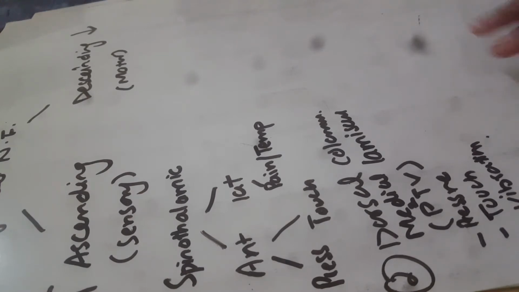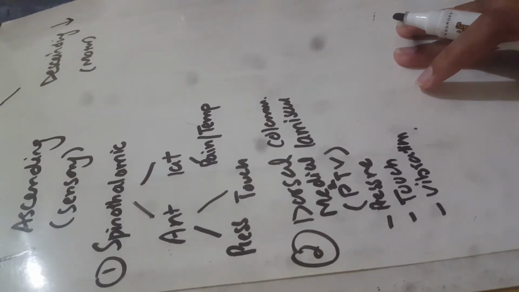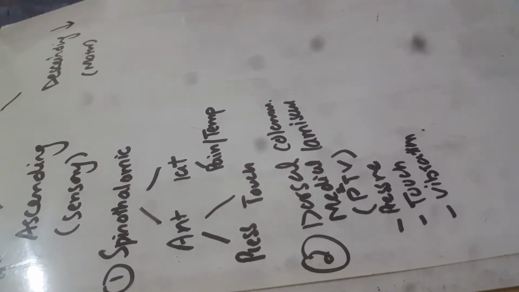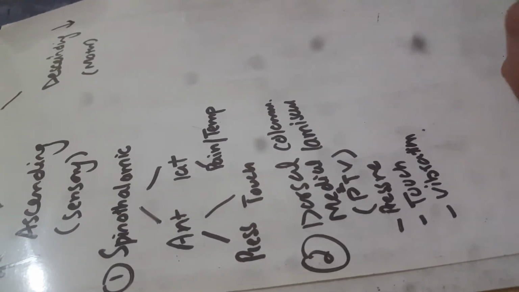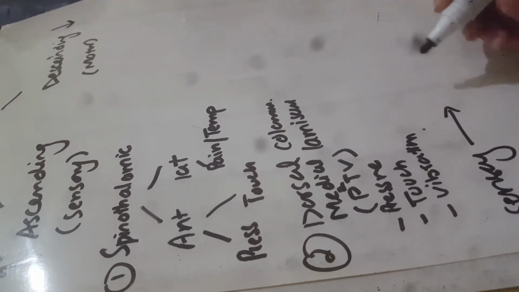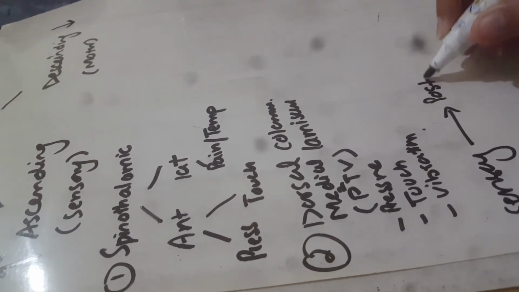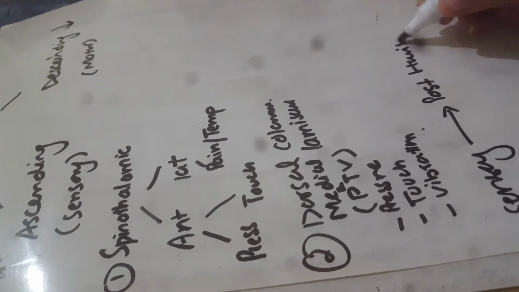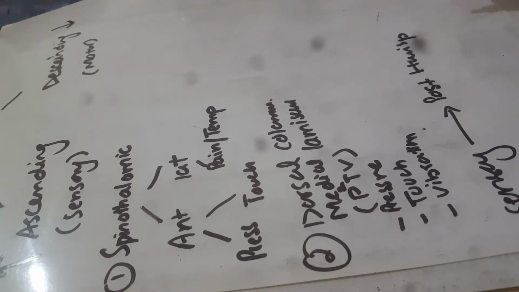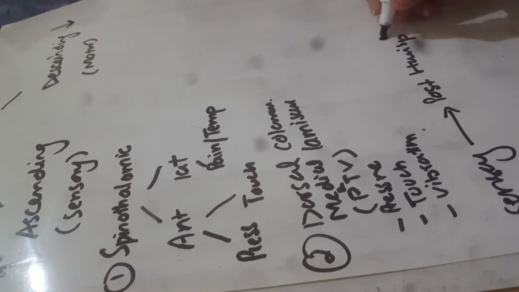Now the common pathway of this ascending: first the sensory neuron goes to the posterior horn of the spinal cord, right? From the posterior horn of the spinal cord, it synapses right there.